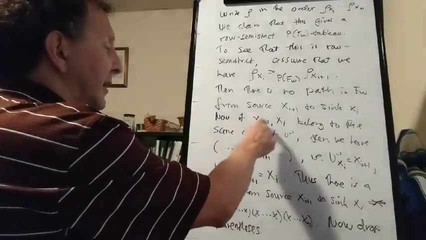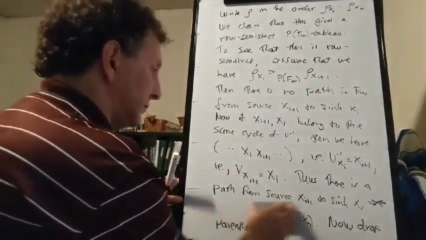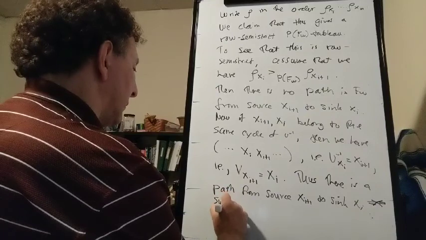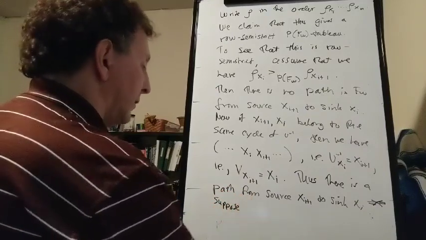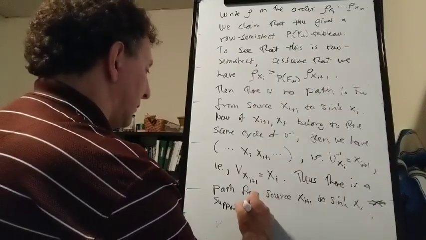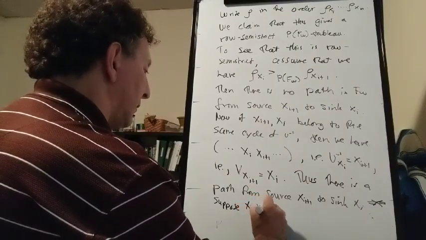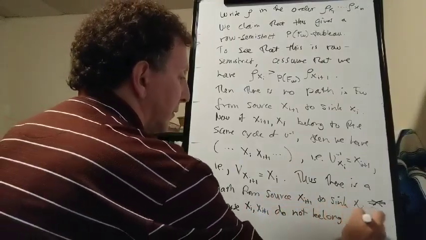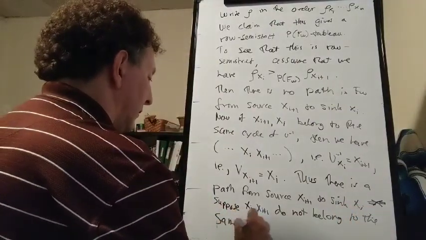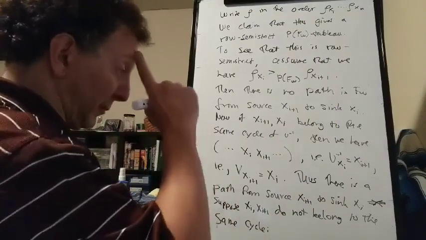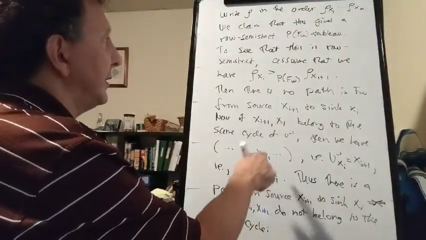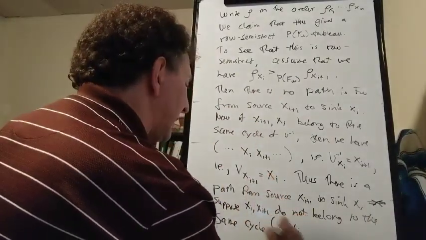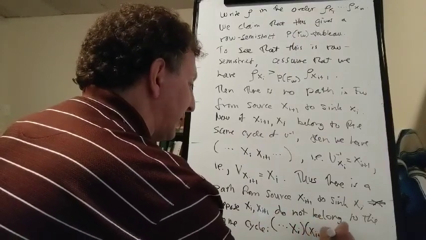So let's suppose xi and xi plus 1 do not belong to the same cycle. If they don't belong to the same cycle, but they're consecutive in the standard cycle notation, then xi must be last in its cycle and xi plus 1 must be first in its cycle.